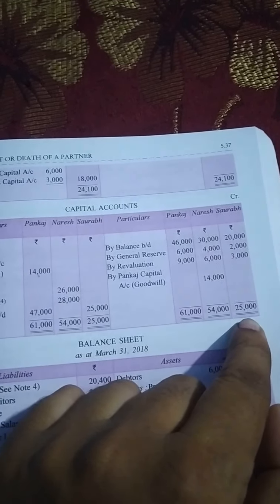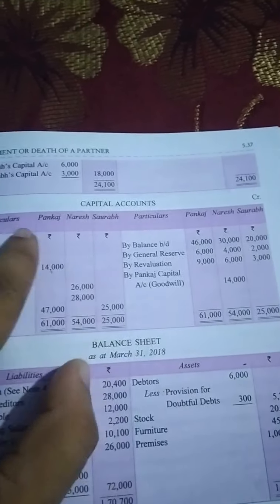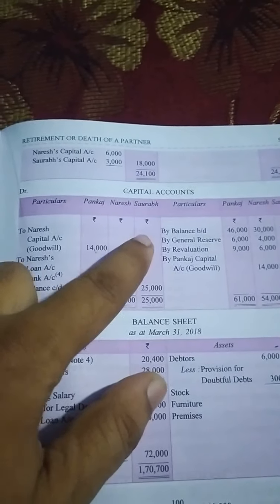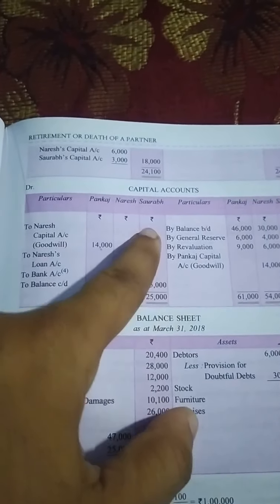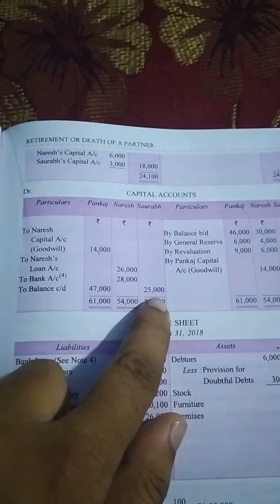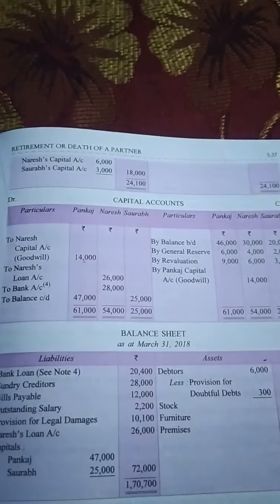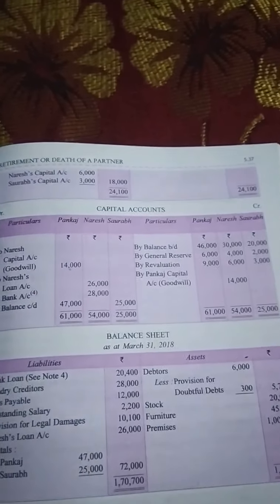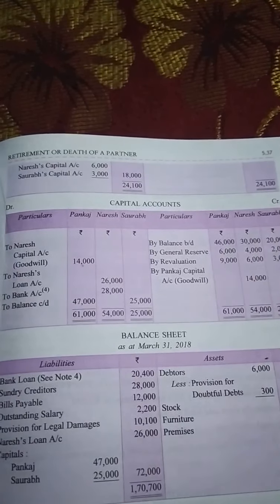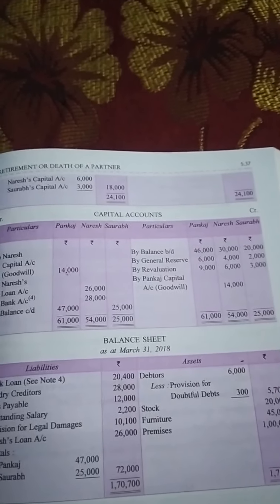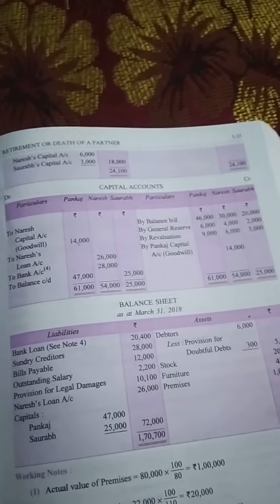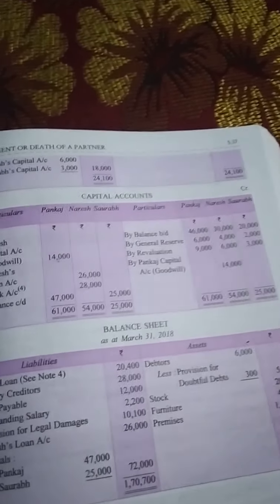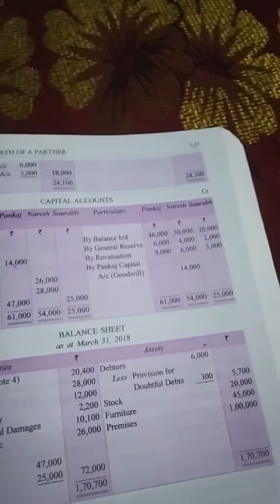Just take the total 25,000. Nothing is here on the debit side, so 25,000 minus 0, the answer will be 25,000, the balance. So this is the capital account. Now what you need to do, you need to just prepare the balance sheet.